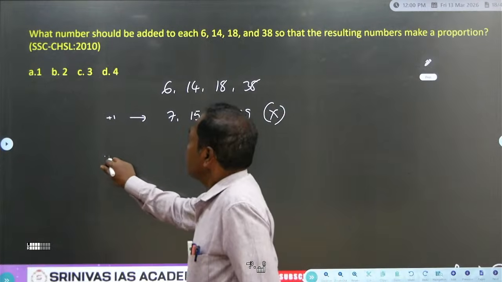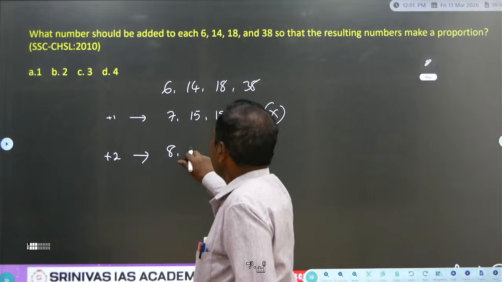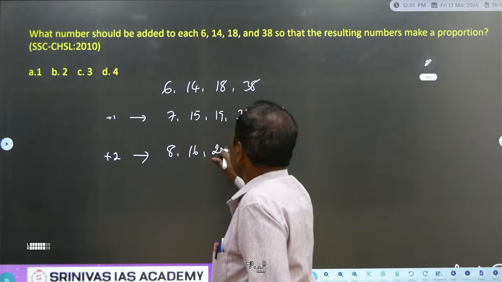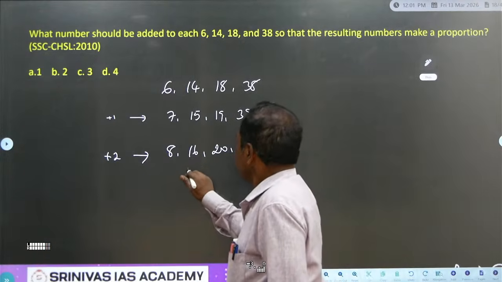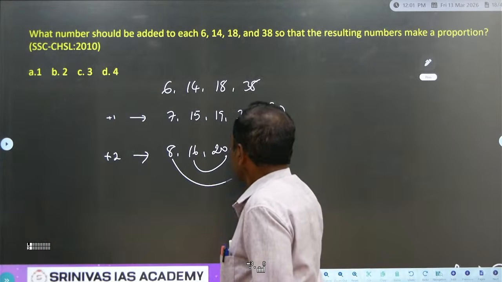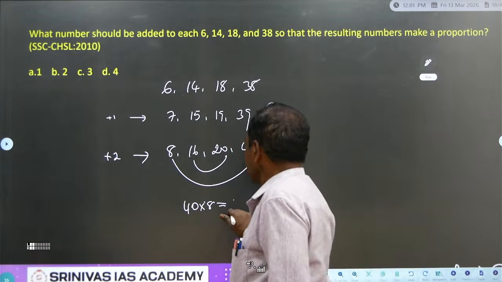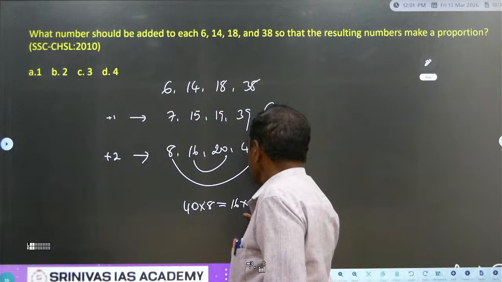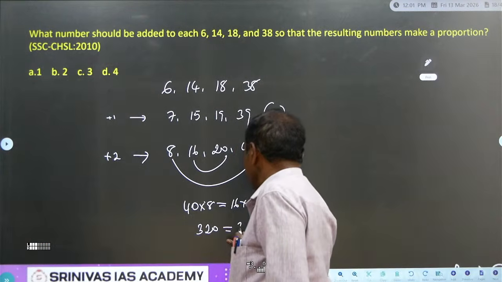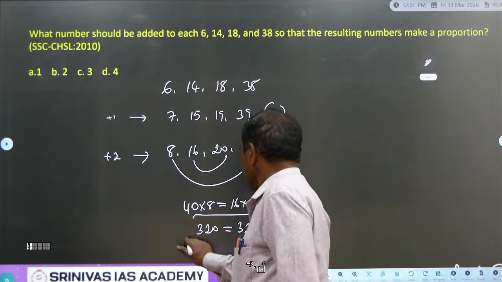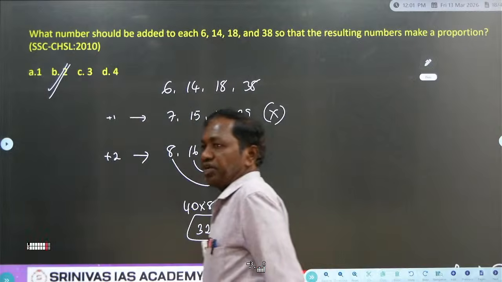Now if you take plus 2, option B: 8, 16, 20, 40. 40 into 8 equals 16 into 20, 320 equals 320. This is the proportion. Option B is the appropriate one.